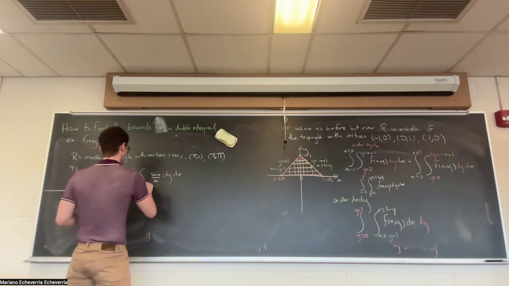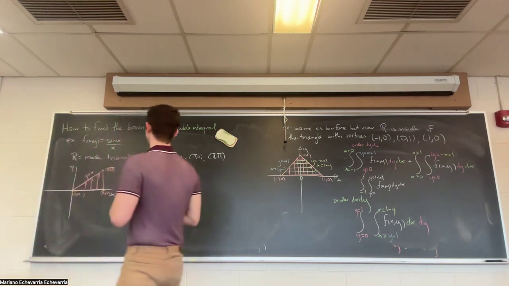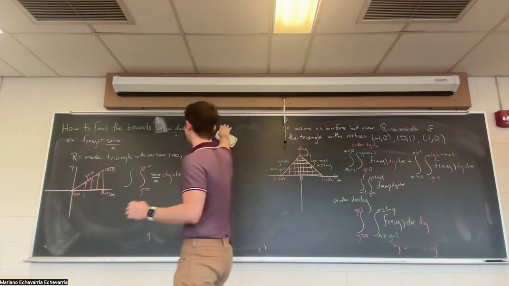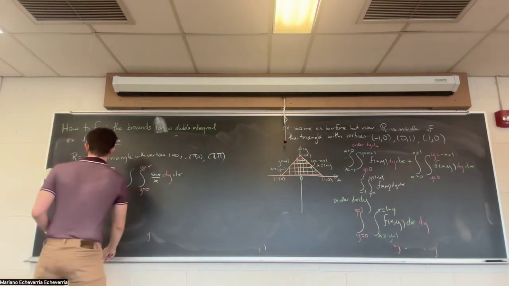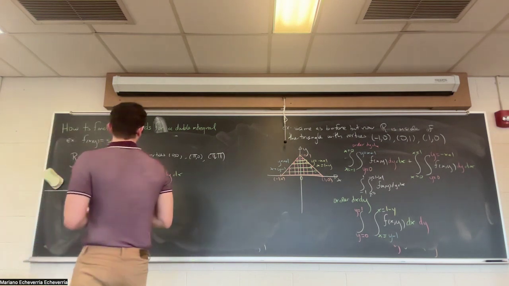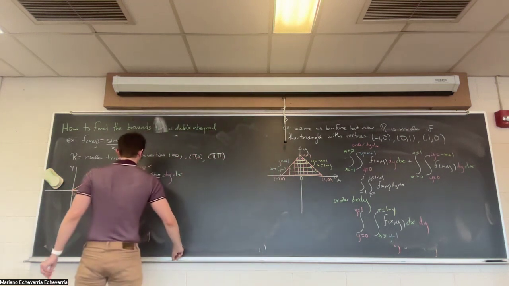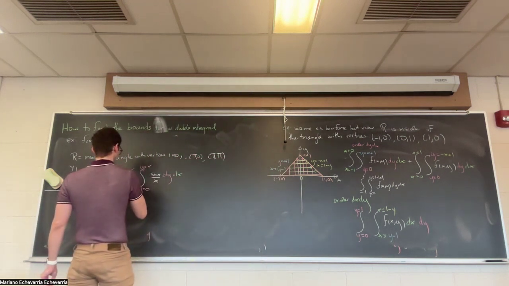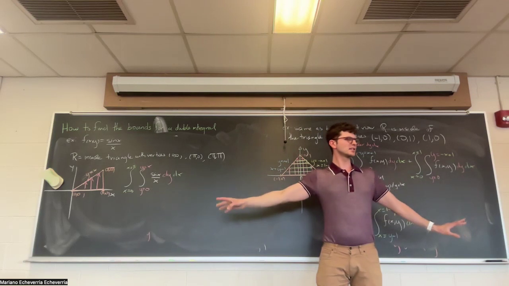So that's y equals 0, y equals x. And then the x bounds go from 0 to pi. This is what you end up getting. Is that okay? Is that making sense?